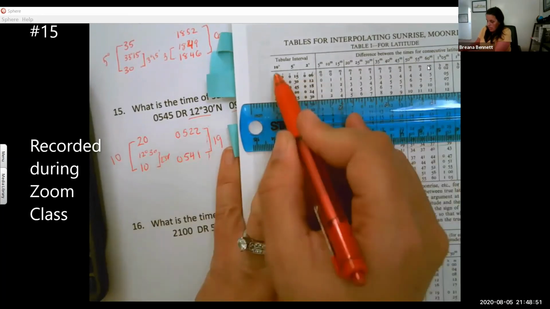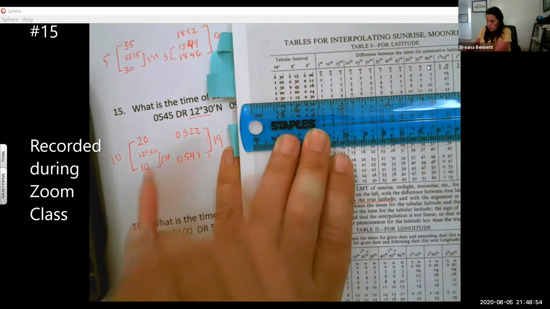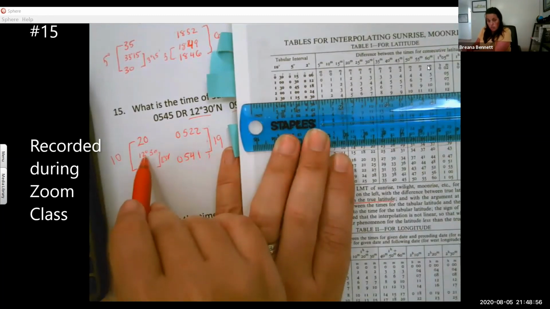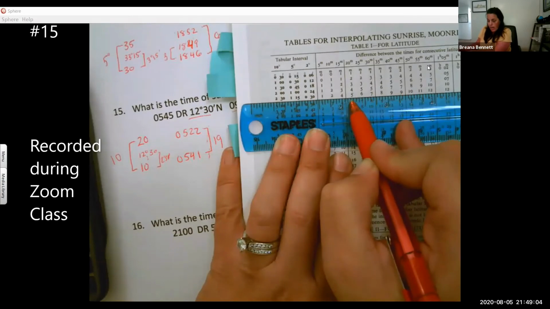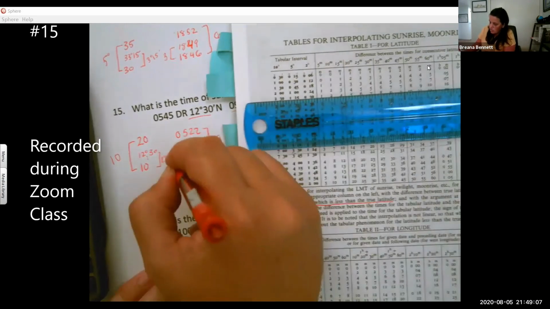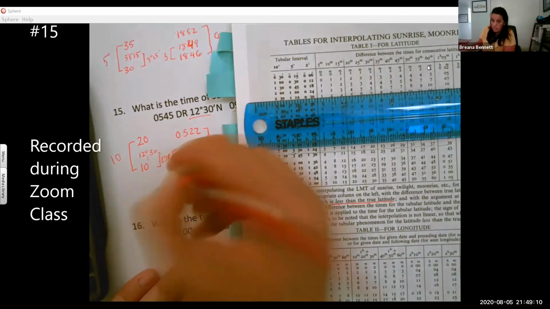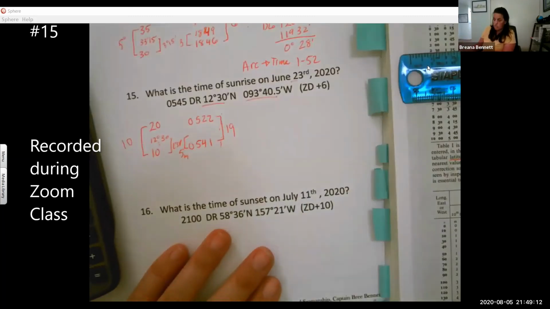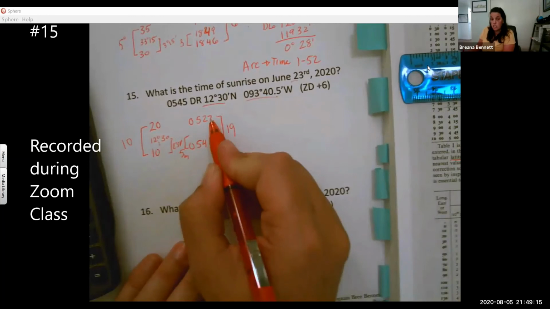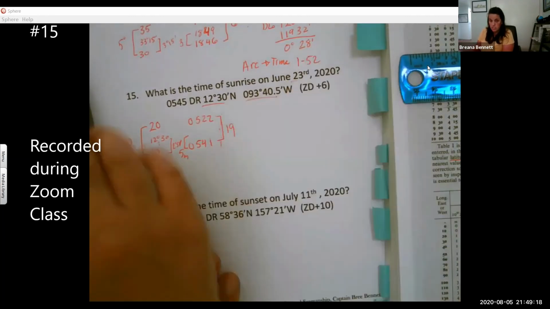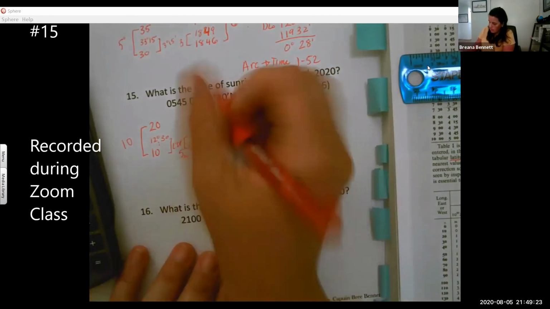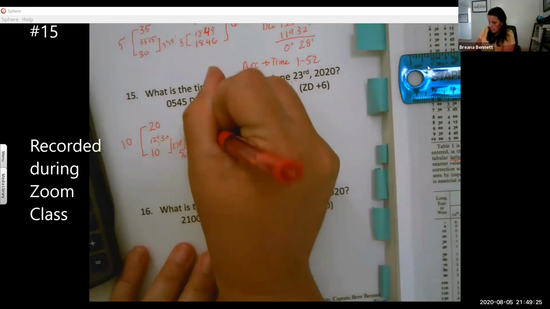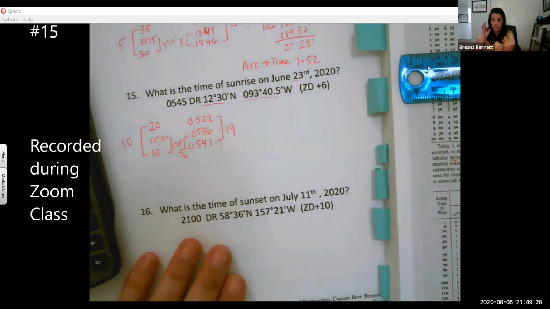And I came in at 10:30 because that's what my tabular interval was on my latitude. So I go in at my 20 minutes and I get a correction of 5. So if this is 41 and this is 22, I'm going to be subtracting. So your 41 minus 5 gives me 05:36 as my central meridian time.